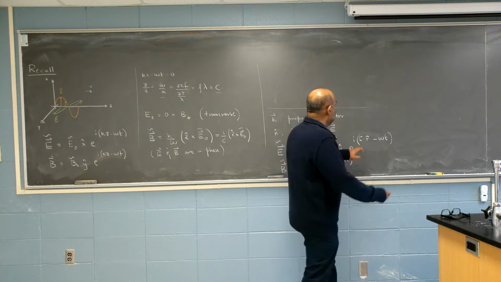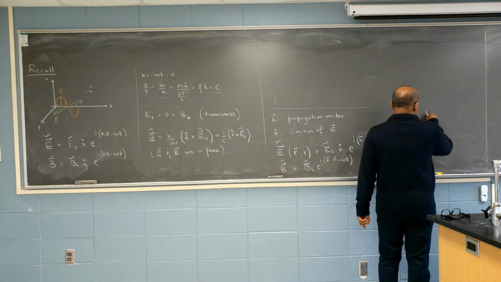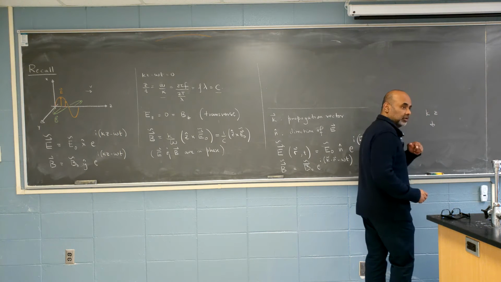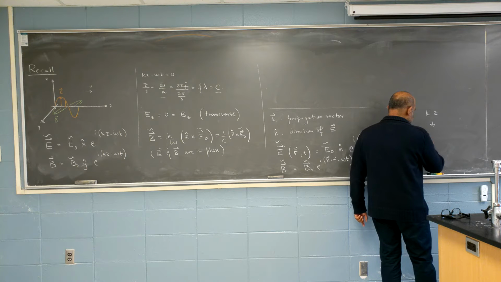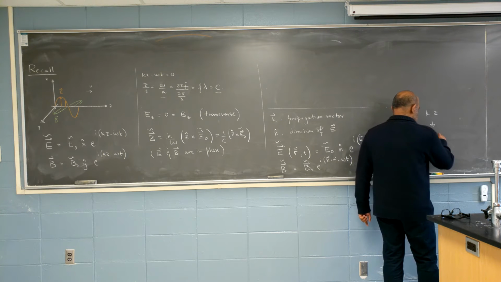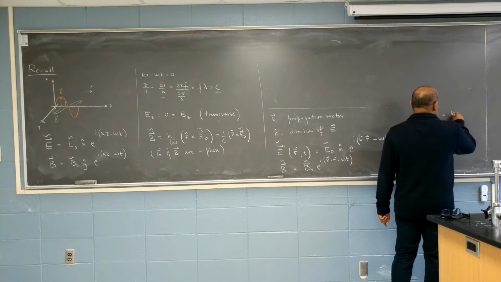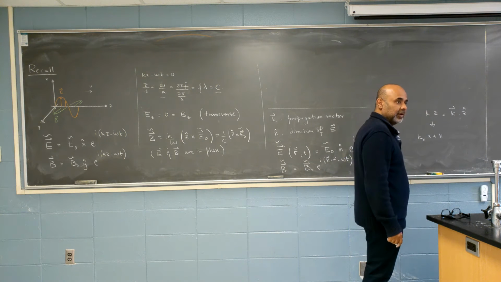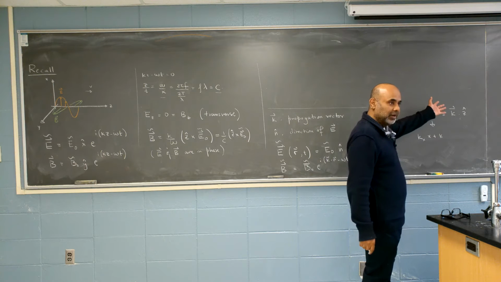See, k times z, a sort of scalar version, can be thought of as kx times x, or as k dot z hat, because it has only one component.